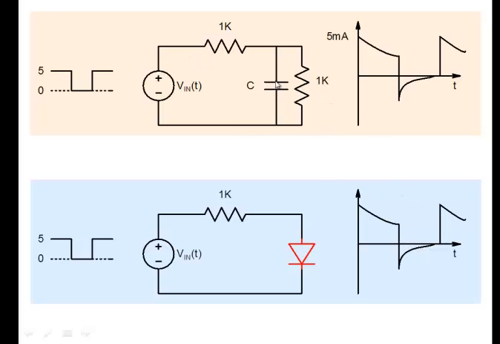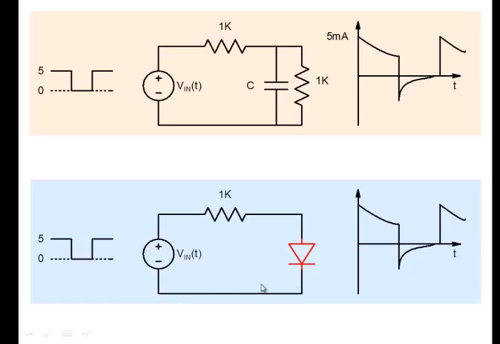Just to use this as an analogy, inside the diode also I have a capacitance, as I said. And that capacitance is discharging. And therefore you can have a current in the reverse direction, but only momentarily. Once the capacitance is discharged, then the current is gone. But for a short duration, I can have significant current.